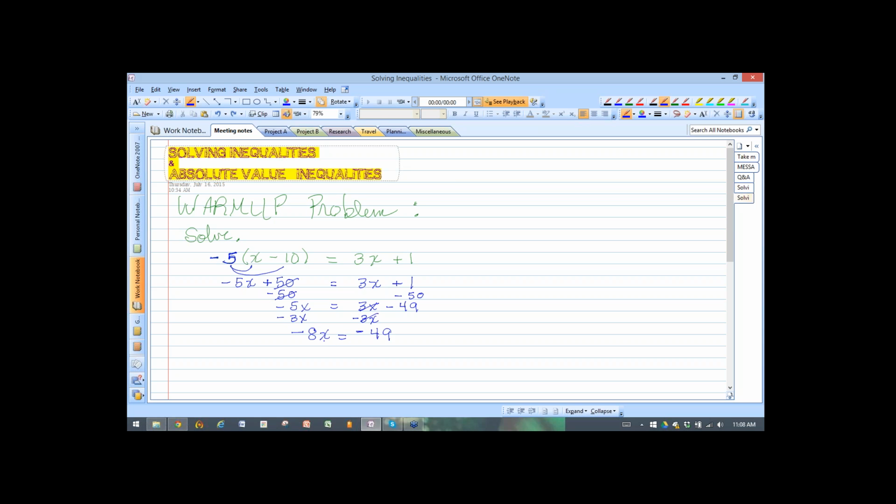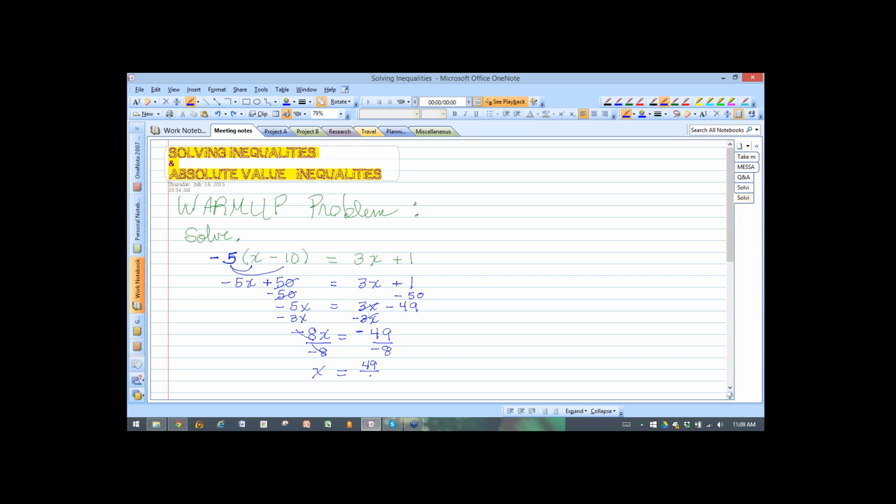And now ultimately we want x by itself. Here's the deal. I want to divide by whatever's attached to that x, right? And it's a negative 8. So I'm going to cancel here. And now x is equal to what? A positive 49 over 8.